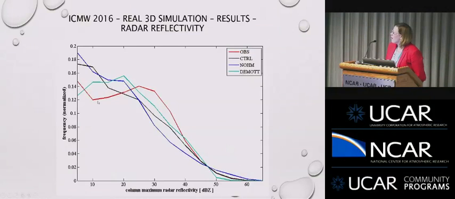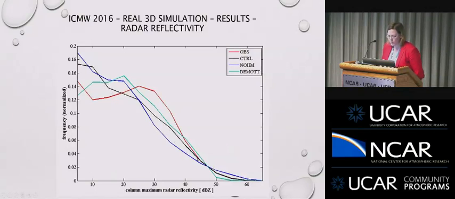If we compare the column maximum radar reflectivity frequencies, also the red line shows the observations, the black is the control Cooper, the dark blue is the Cooper without Halep-Mossop effect, and the light blue is the Demott case.